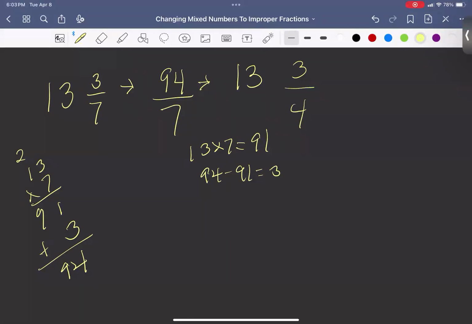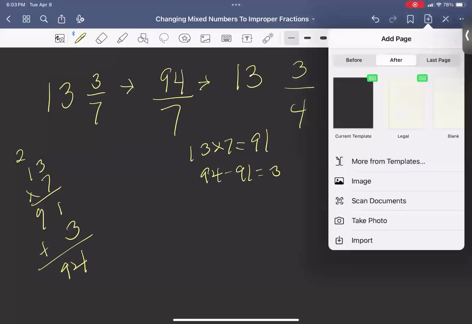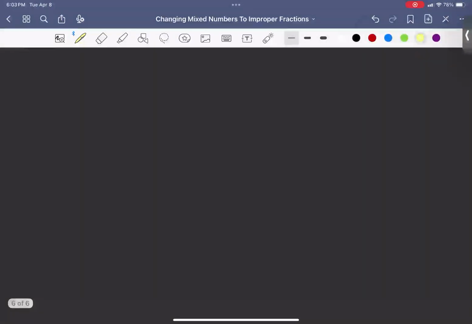Let's do some more. Let's say we have 9 over 3. All right, so we divide 9 divided by 3, and we just get 3.